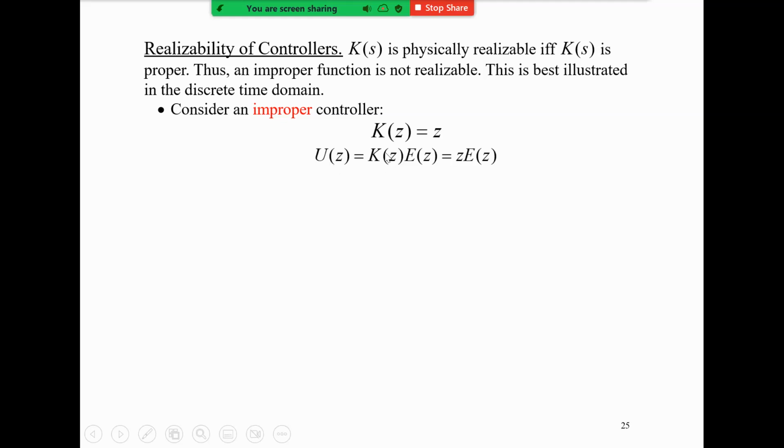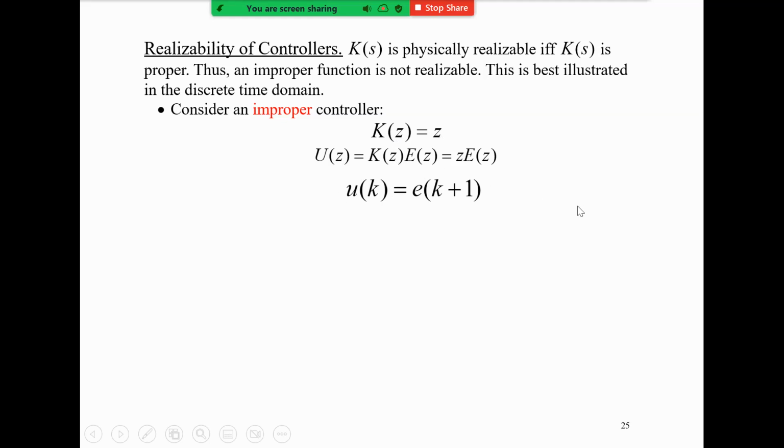This is for the Z domain. If we write the equation in the time domain, and we know Z is a forward shift operator, in the time domain we have this equation. So this will be the controller for the time domain.